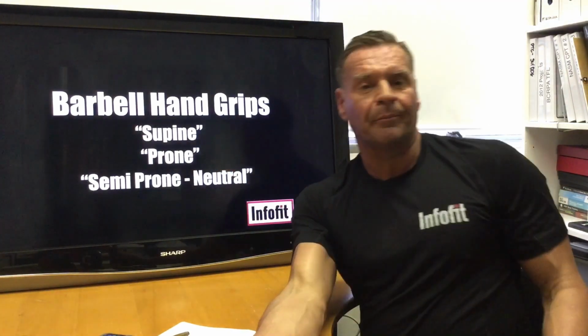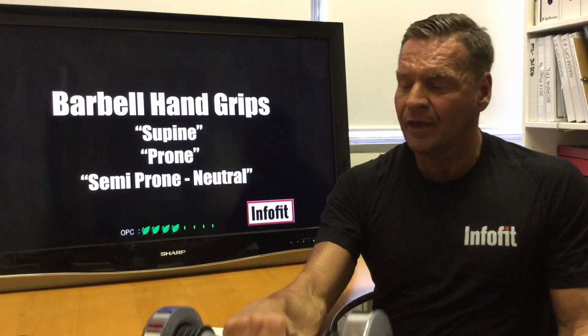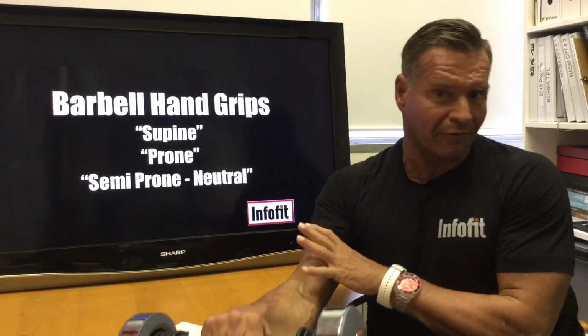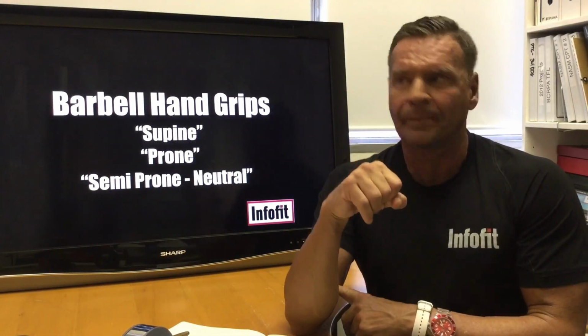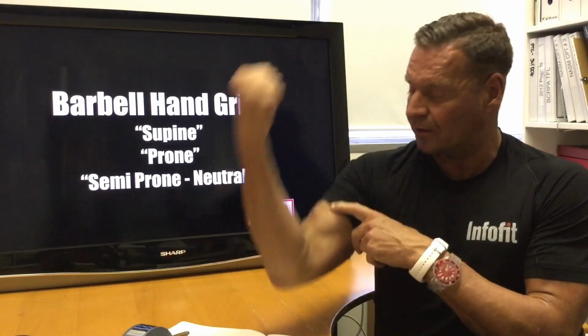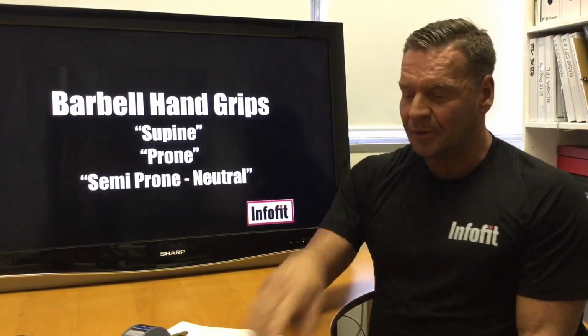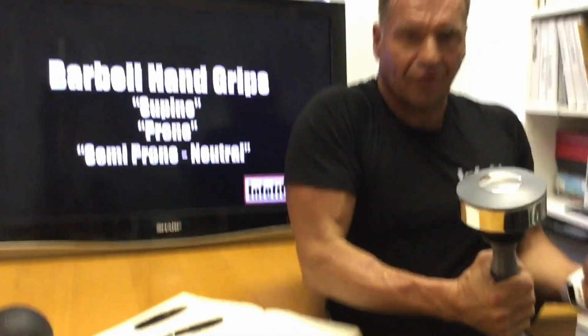Then you see prone grip. Prone grip, you simply reverse the grip. Palm is down, all right? So if you do a bicep curl, it changes the muscles that are involved, and the brachialis will be your main muscle group there. You kind of lose your bicep. You see, like, where's the beach? Boom, the beach is gone, right? And then semi-prone is your hammer grip.